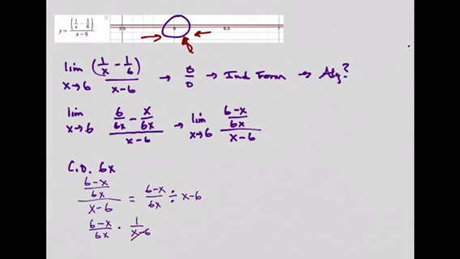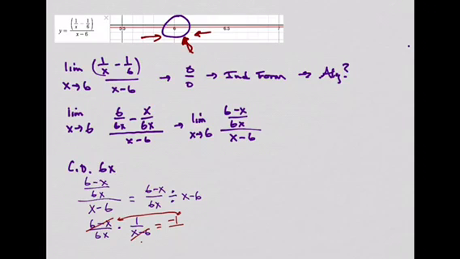And again, some little algebra there. These two terms do cancel one another out, with one of them being a negative 1. So if you think about multiplying the negative 1 into here, you'd end up with x minus 6. So they do divide with a remainder of negative 1.